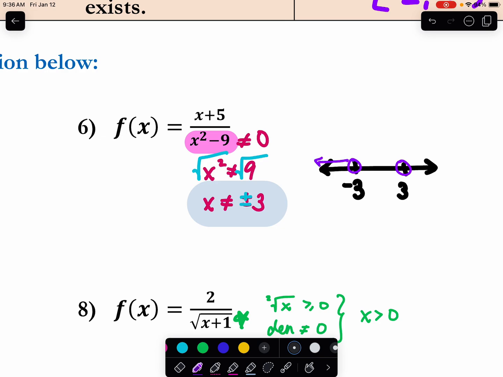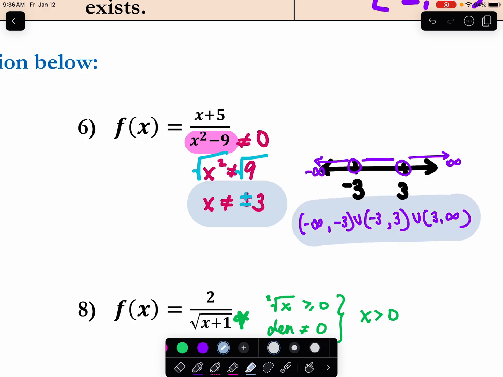So we could be any number from negative infinity to negative 3, skip over negative 3, any number in between negative 3 and positive 3, and then 3 to positive infinity. So it would look like this: negative infinity to negative 3, skip over negative 3, in between negative 3 and positive 3, skip over positive 3, to positive infinity. So this would be our final answer for the domain.